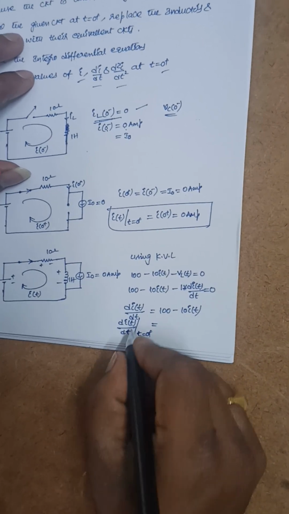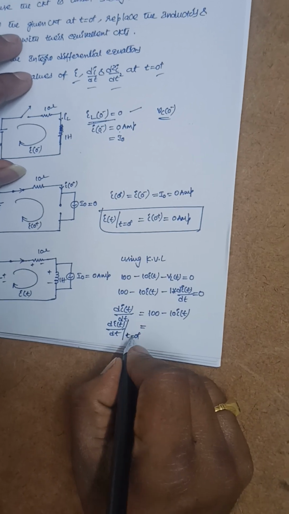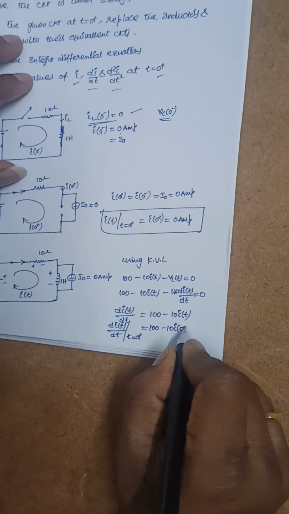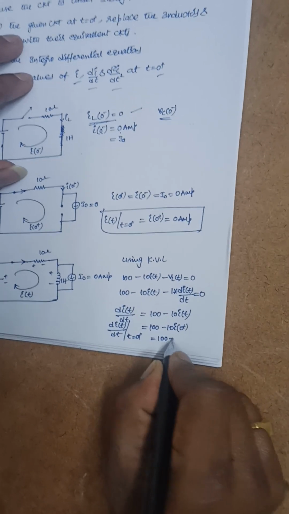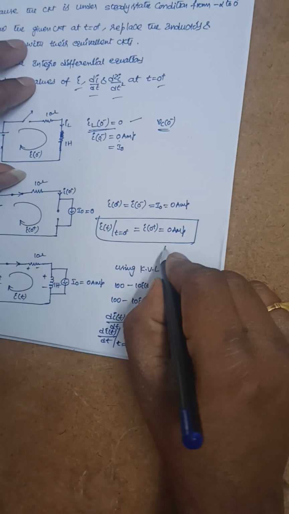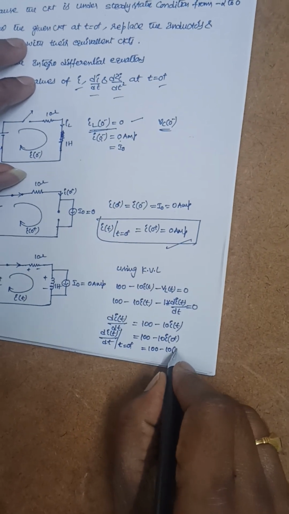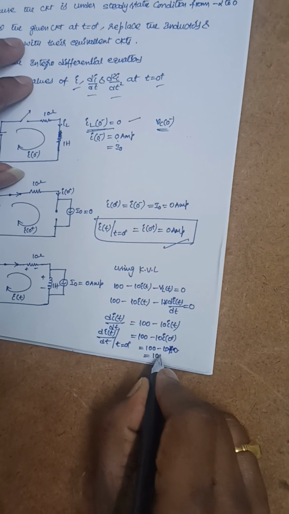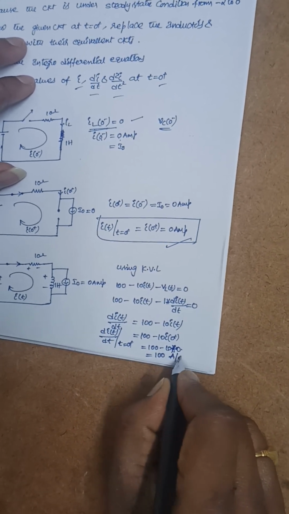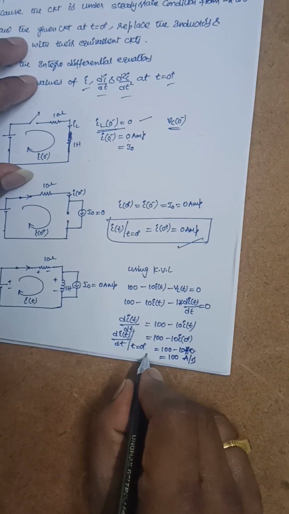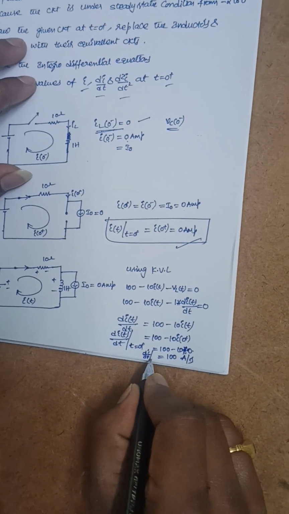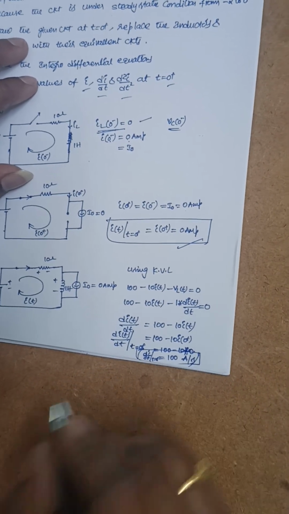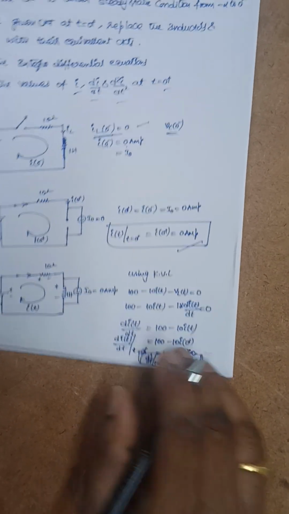Substitute t with 0 plus: 100 minus 10 into I of 0 plus. Already we calculated I of 0 plus is 0, so 10 into 0 is 0, and it is 100. The units are amperes per second, since it is di by dt. So di by dt at t is equal to 0 plus is 100 amperes per second. This is the second bit that we calculated.